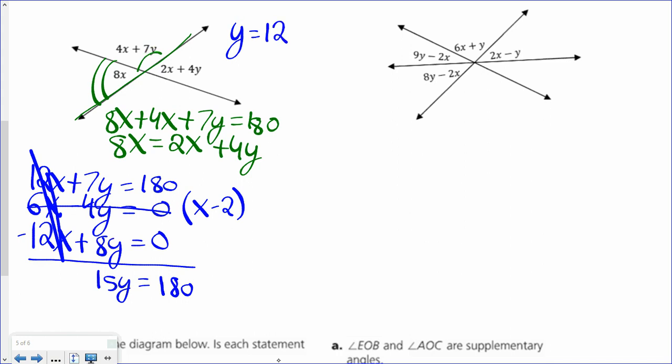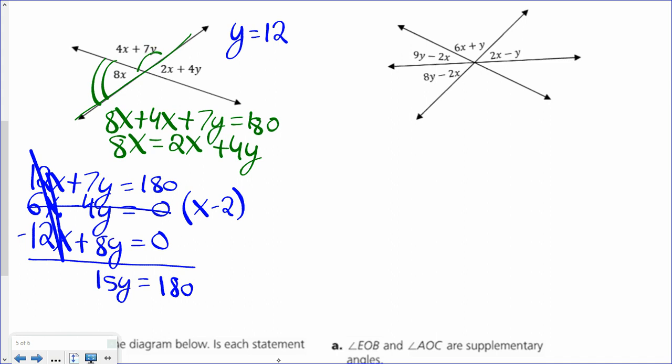So now we have our first variable. Now how do I find the x? Plug in the y. Whichever equation you like most, it doesn't really matter. I like this one. So if I'm going to plug the y in, 4 times y is 48.